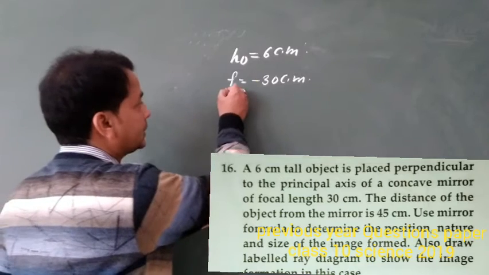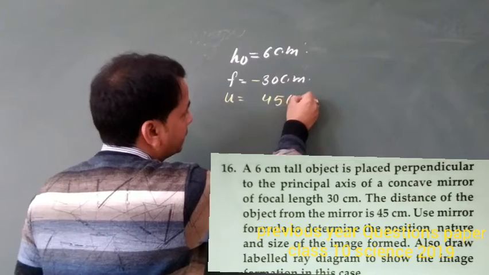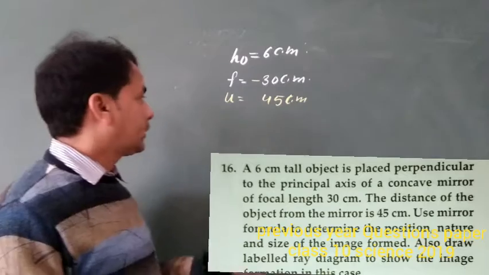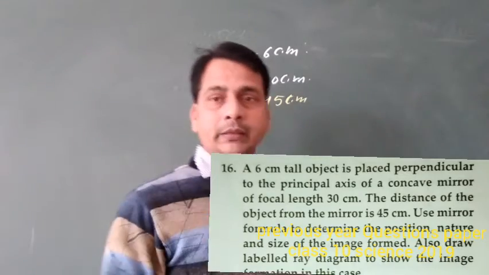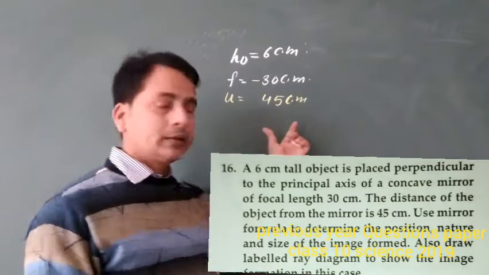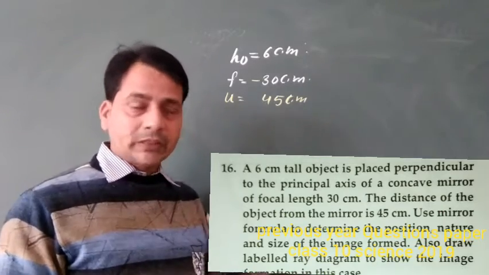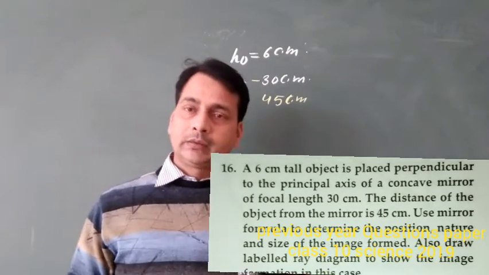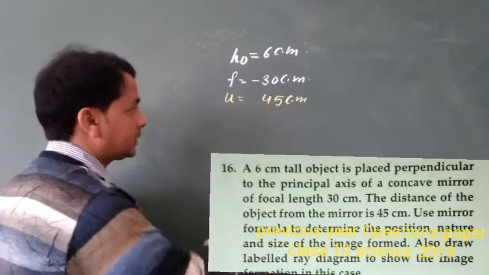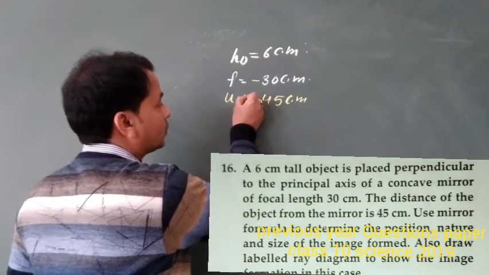According to sign convention, the object distance is always negative, for concave and convex both mirrors. So here the object distance is 45 centimeter, and the sign will be negative.